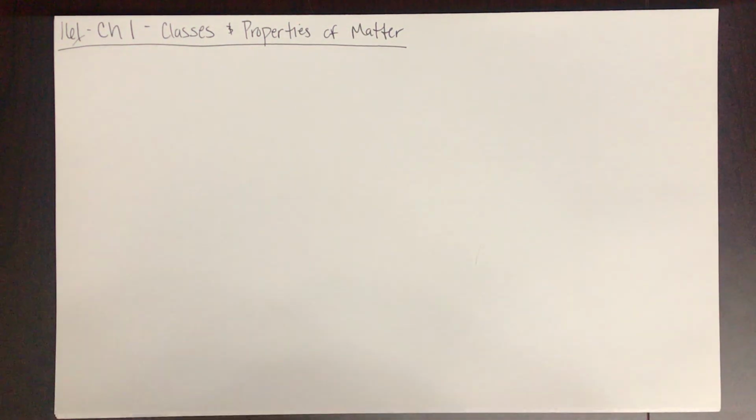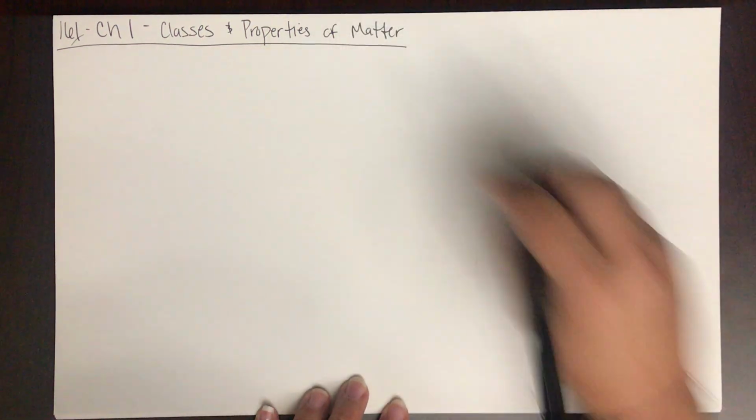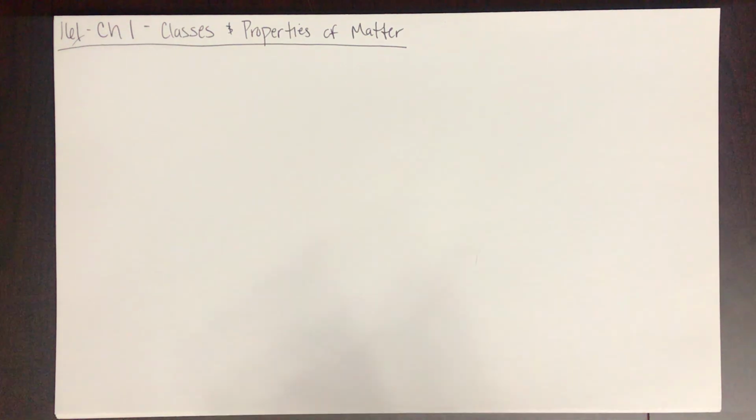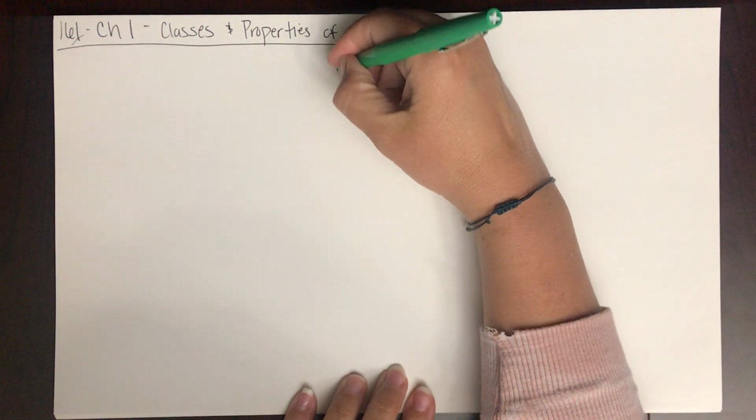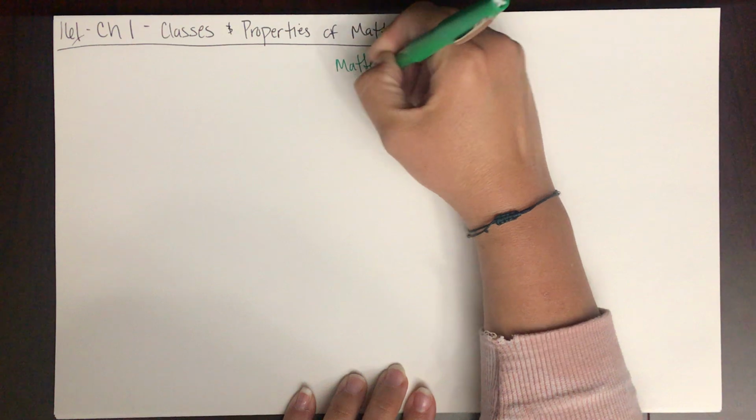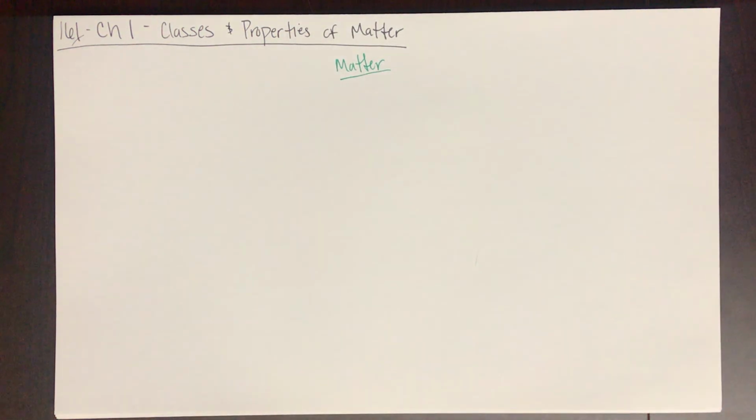Okay, so we're going to talk about classes and properties of matter. Let's just start out at the top, and we'll say matter can be broken up into different classes.